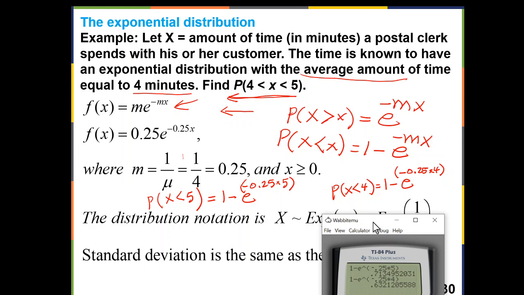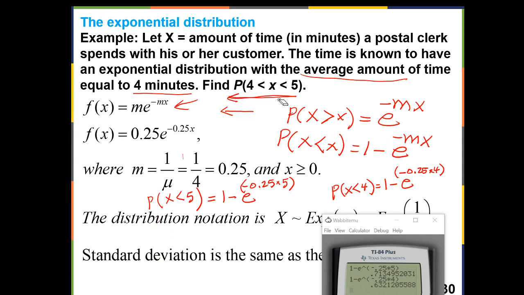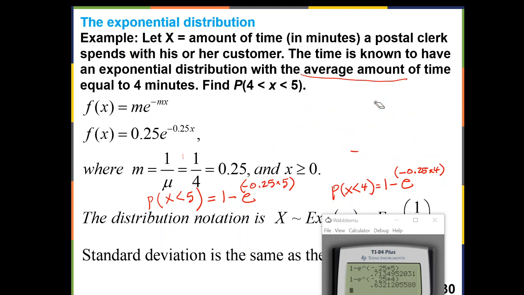So now why do we have to do this? Well, let me erase this right here. We don't need the formulas, we already got the formulas. So let's get the pen.